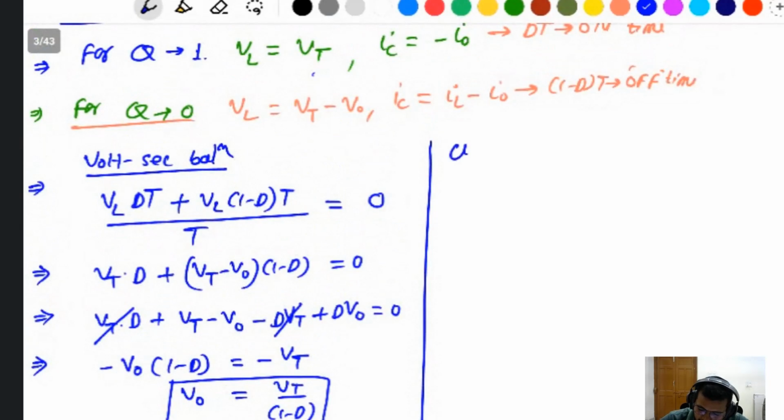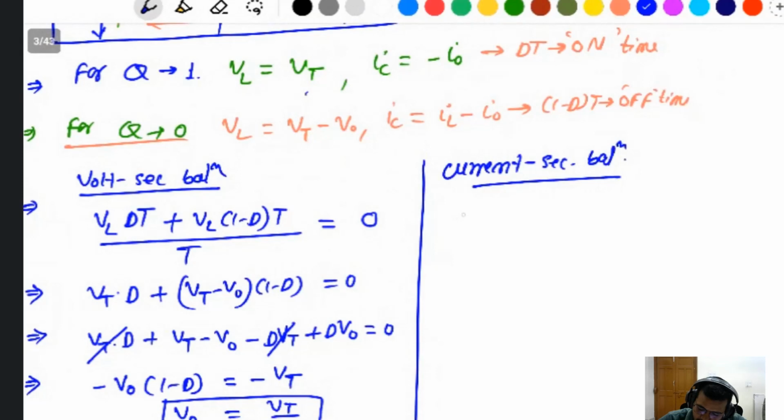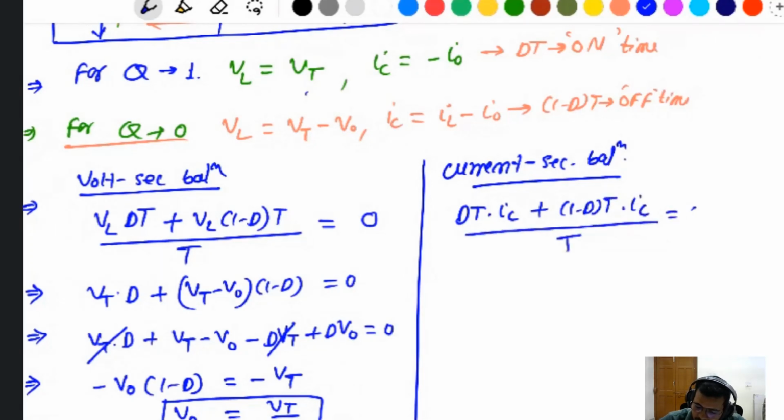Apply current-second balance, or charge balance, for the capacitor. D into IC plus (1 minus D), the off time, into IC, divided by the total time period, is equal to 0.